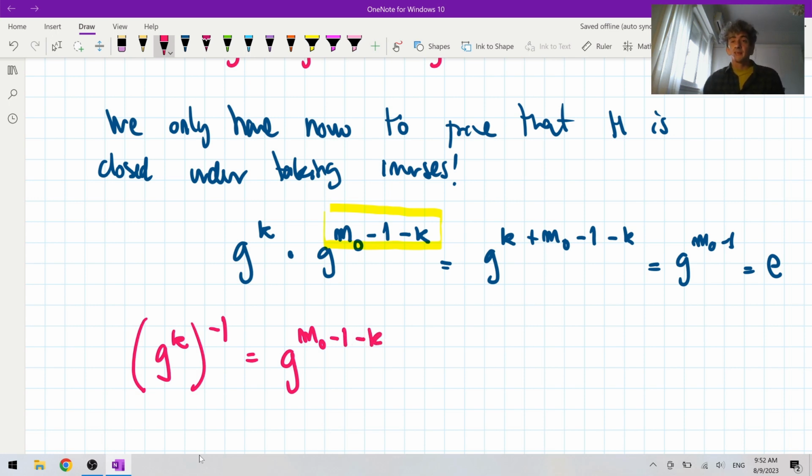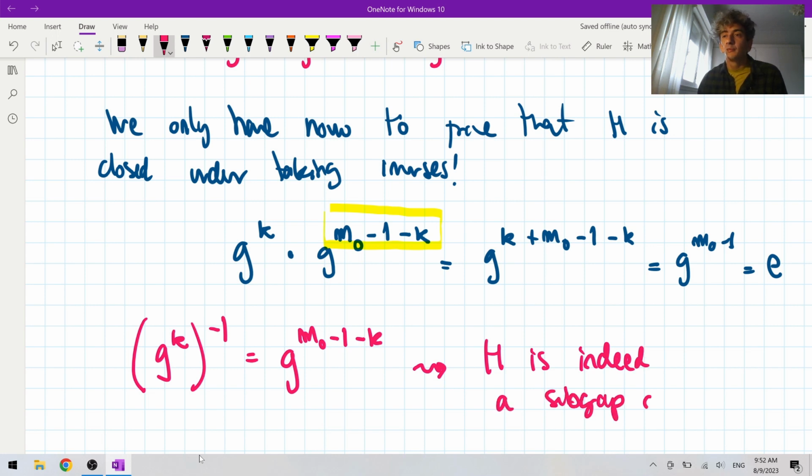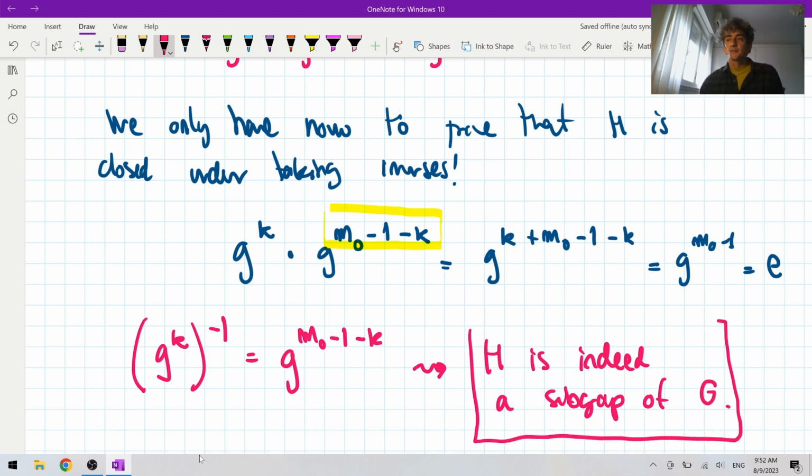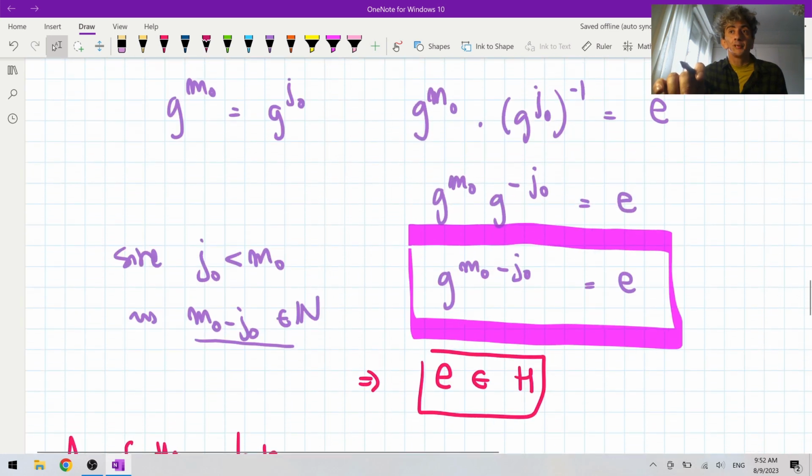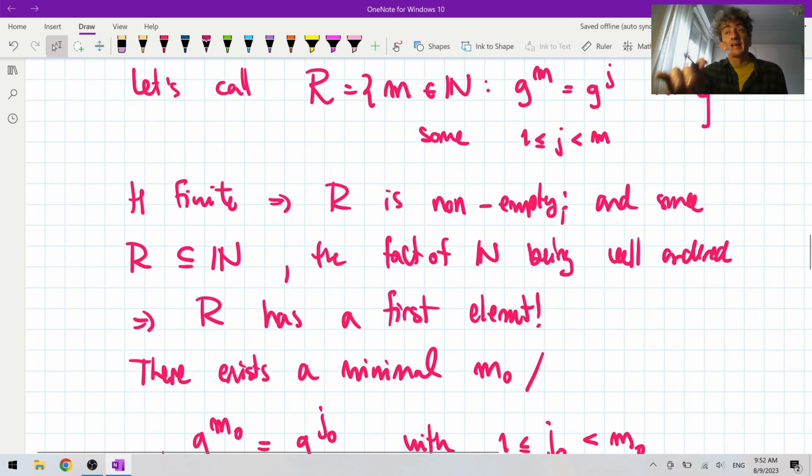Okay, so this says that H is indeed a subgroup of G. All this was possible by the fact that N was well ordered, and the finiteness of G.